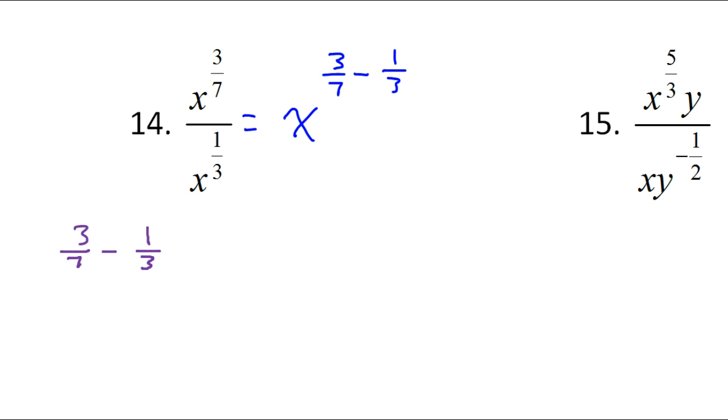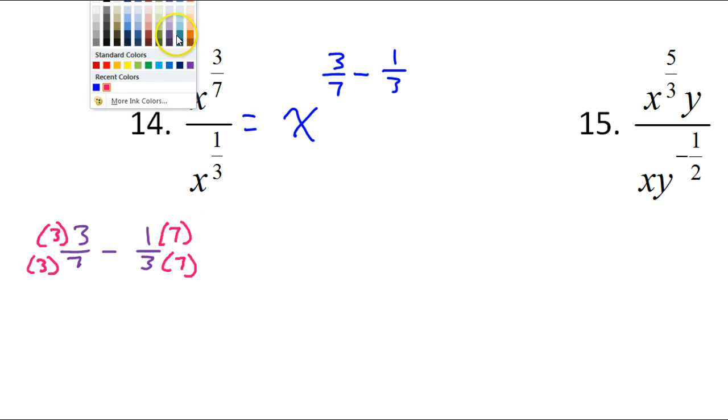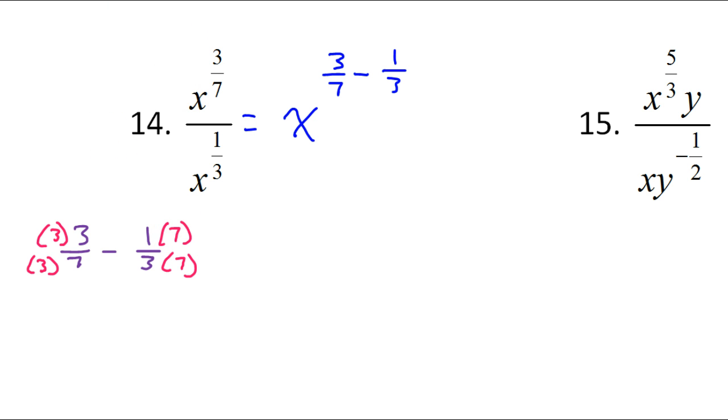We need like denominators to make this happen. We'll turn both of these into 21. So I'll multiply this by 3, top and bottom, and I will multiply this by 7, top and bottom. So that is going to give me 9/21 minus 7/21. Okay? 9 minus 7 is 2, so I have 2/21.